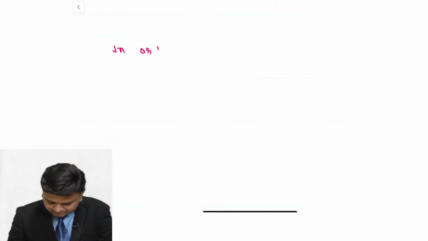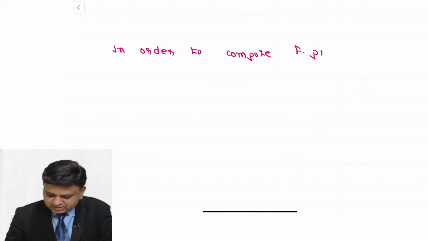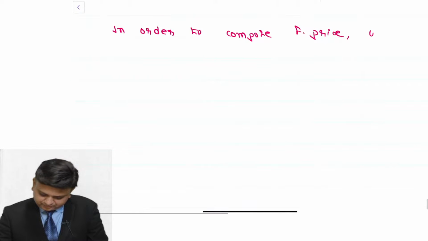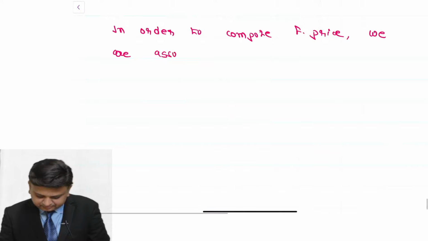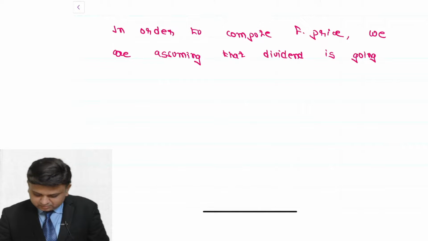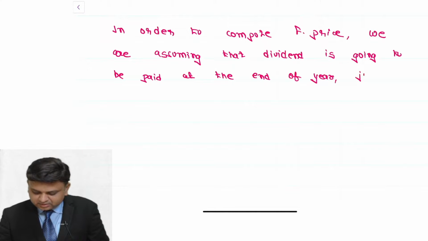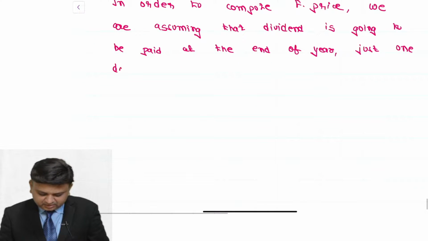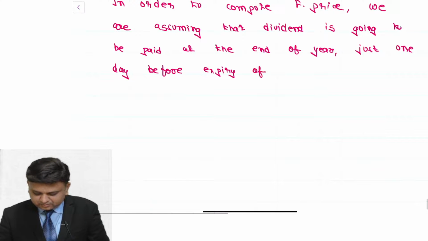In order to compute F price, that is futures / forward price, we are assuming that dividend is going to be paid at the end of year, just 1 day before expiry of futures contract or forward contract.